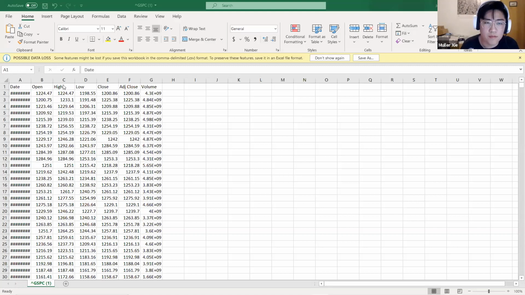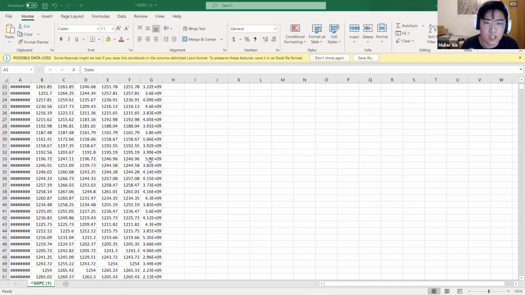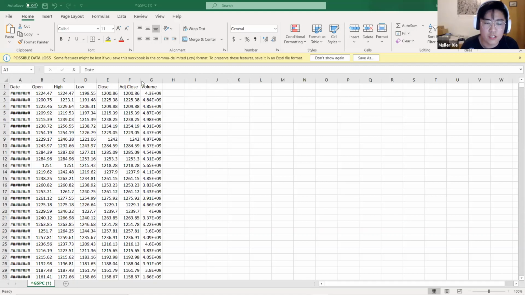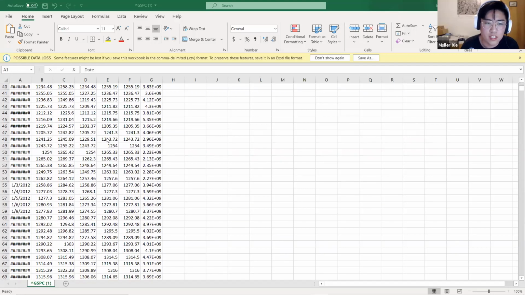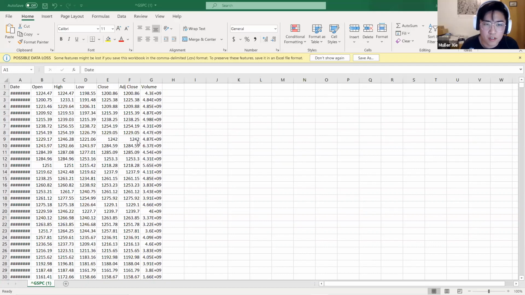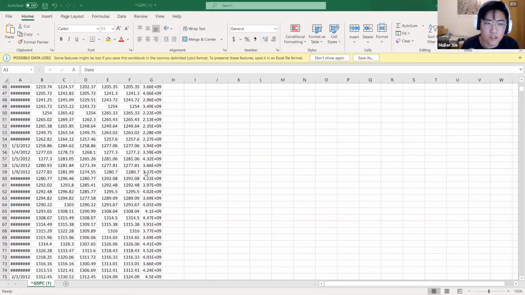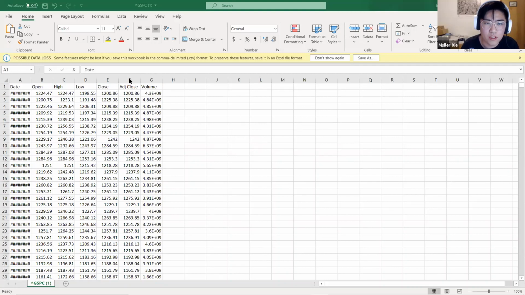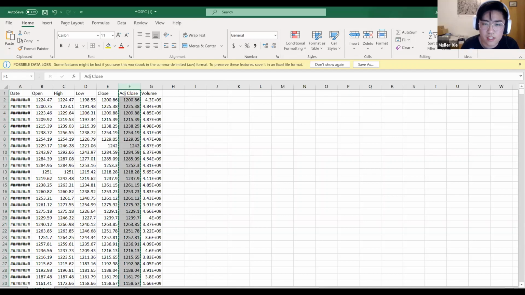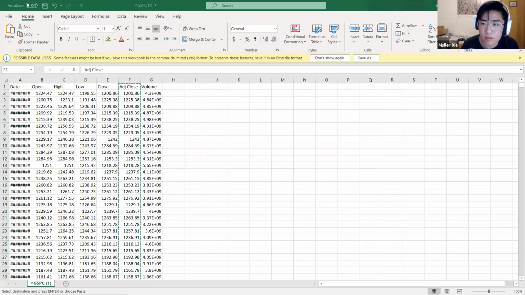From here, it will give you the daily data of the S&P 500 from 2011 to today, like 2020. So from here we'll just copy paste the whole close data to the Excel file that we are going to use.